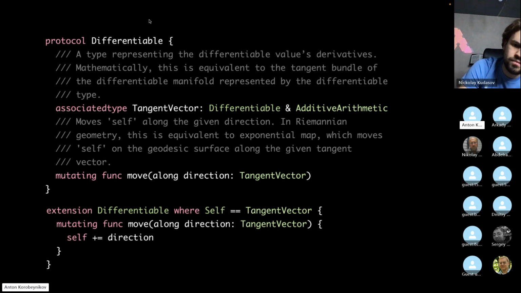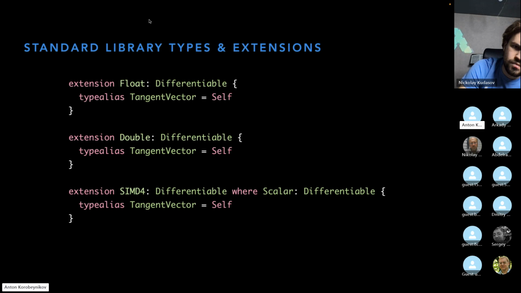The default implementation is for the cases when the differentiable manifold is a vector space by itself. Here, the tangent space coincides with the type space itself, and then the exponential map is trivial. You just go in the direction, and that's it.